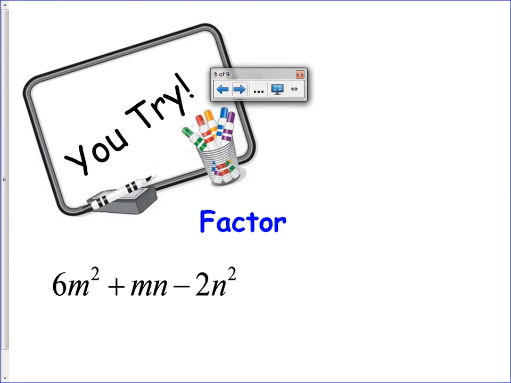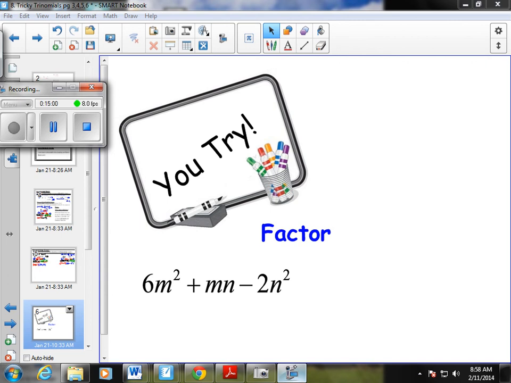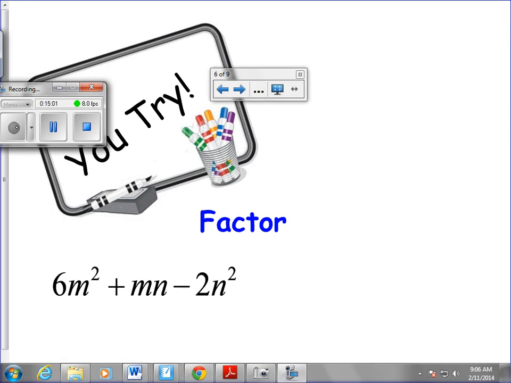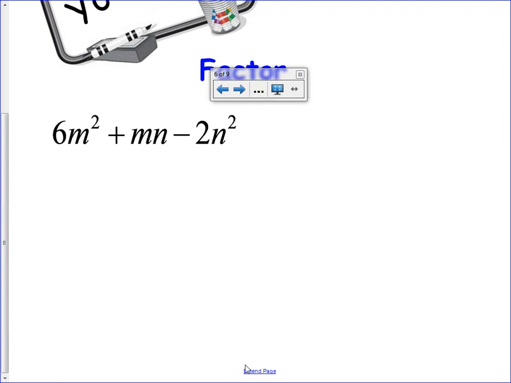Okay, I want you to try this one out on your desks. Okay, I'm going to take this up and see how you did.